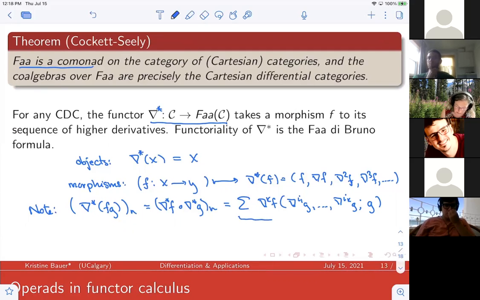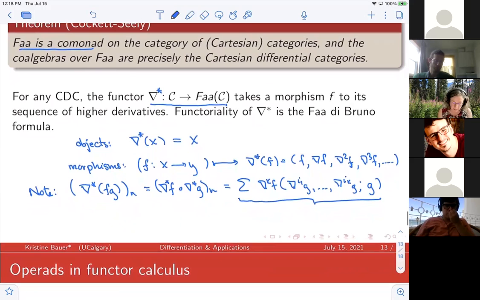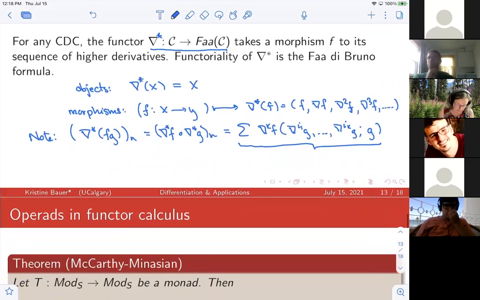And this is exactly the Faà di Bruno formula that we had noted we had for abelian functor calculus. So it turns out that these things go hand in hand.